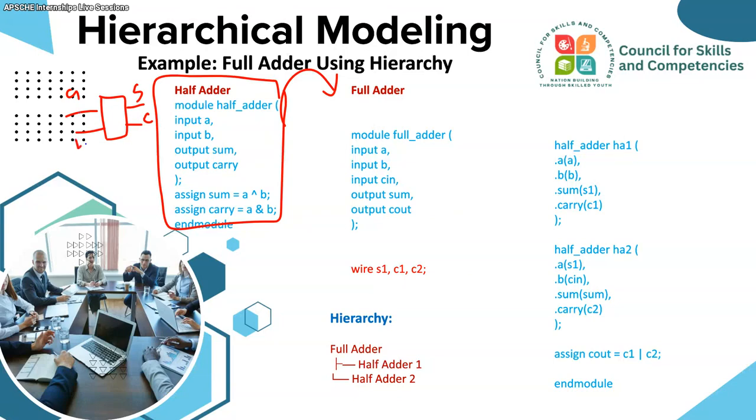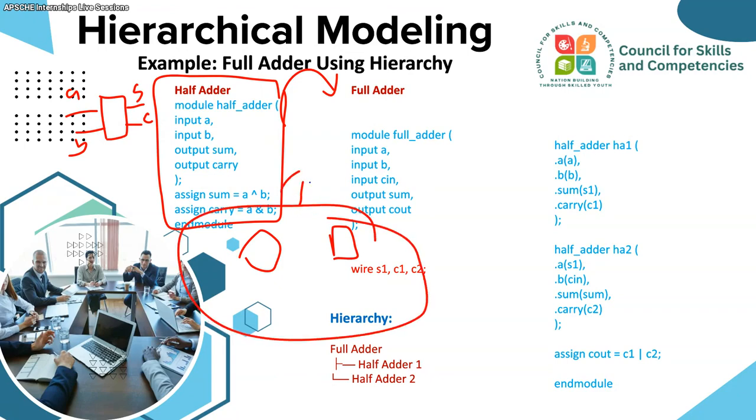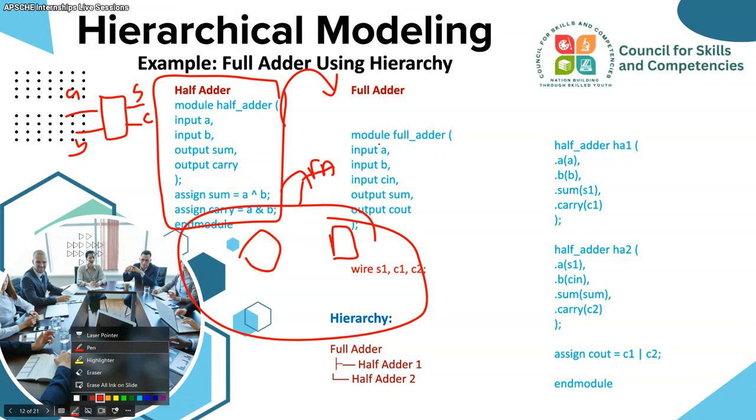This is a half adder. I am going to use 2 half adders and combine them to give me one full adder. That is the example of hierarchical modeling.